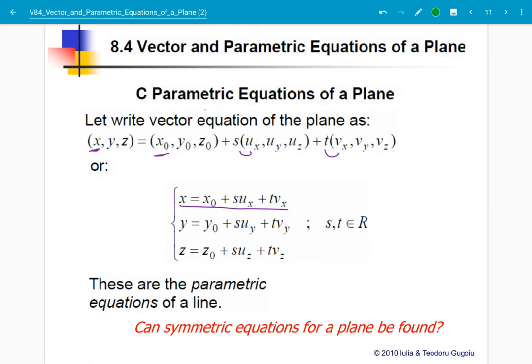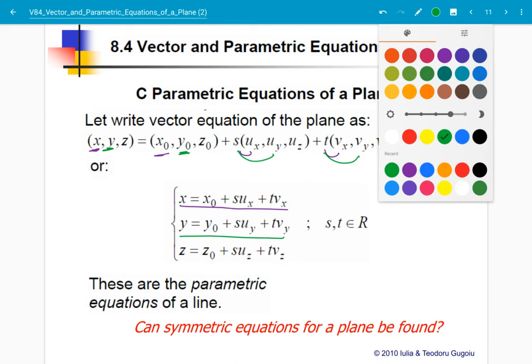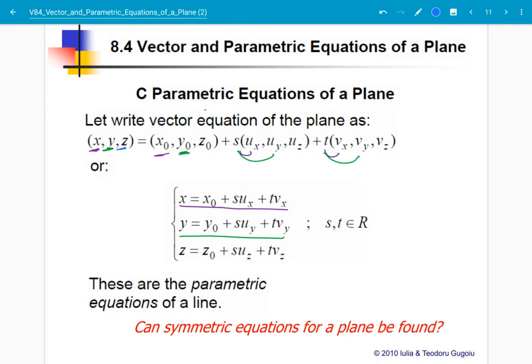And I'll just go through it. y is equal to y naught plus s u_y plus t v_y. And finally, z naught plus s u_z and t v_z, right there. So parametric, very similar to the parametric equation of a line. And then down in red, I added something in.